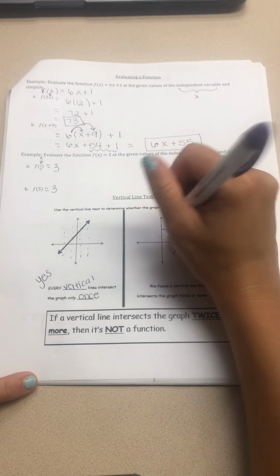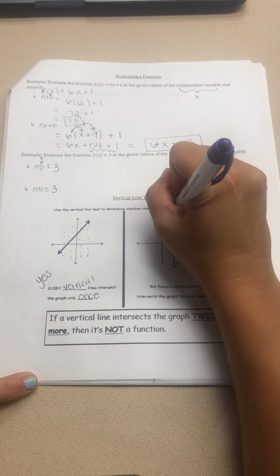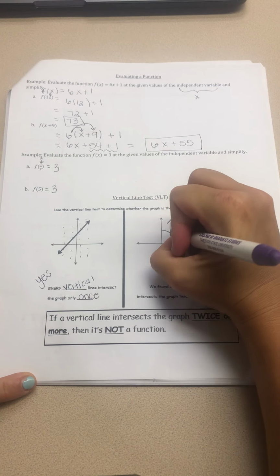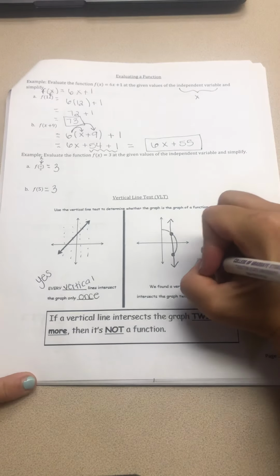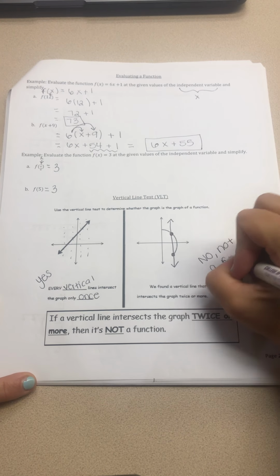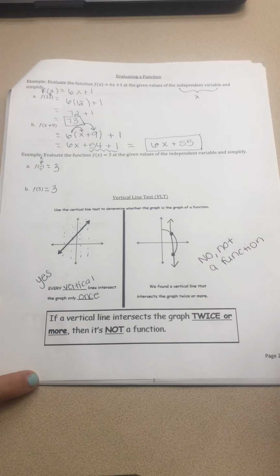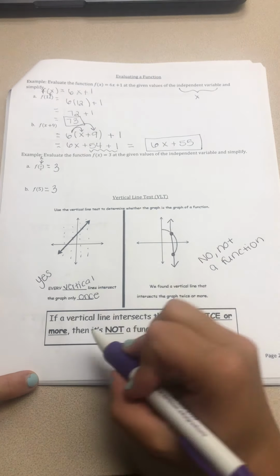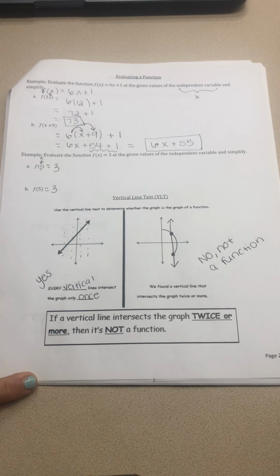Over here, if I draw a vertical line, let's say for example right here, it fails the vertical line test. This x value has two y values, so no, this is not a function. We found a vertical line that intersects the graph twice or more. So if a vertical line intersects the graph twice or more, then it is not a function.